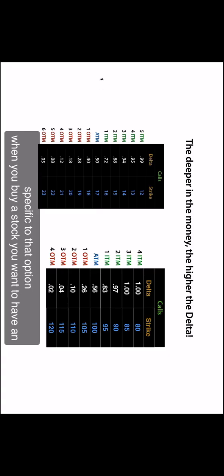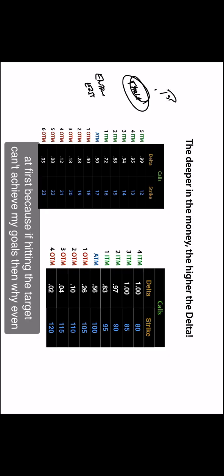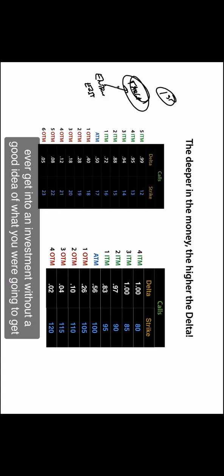When you buy a stock, you want to have an entry point, an exit point, and a target. The target is what I look at first, because if hitting the target can't achieve my goals, then why even mess with it? Does that make sense? Why would you ever get into an investment without a good idea of what you were going to get out of it?